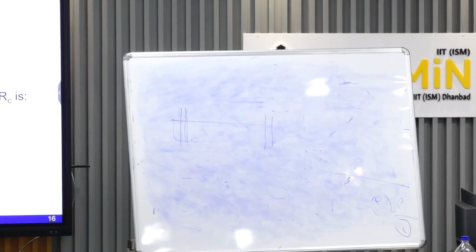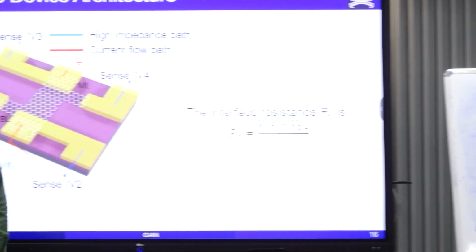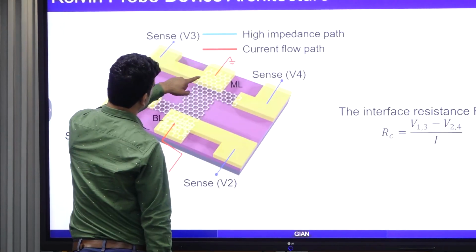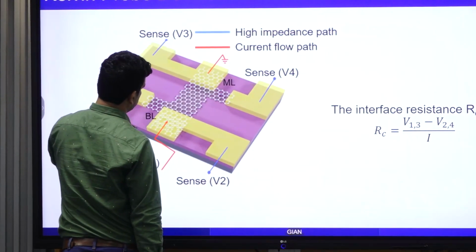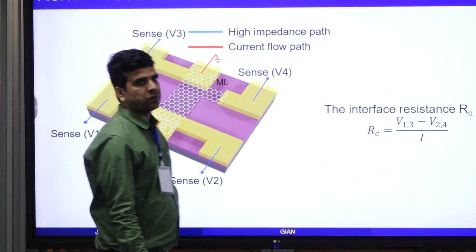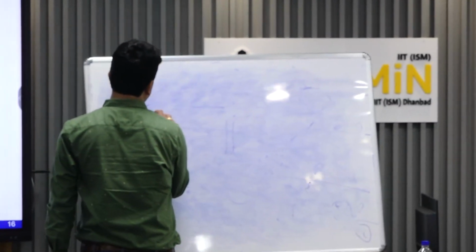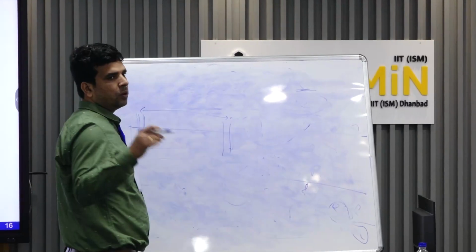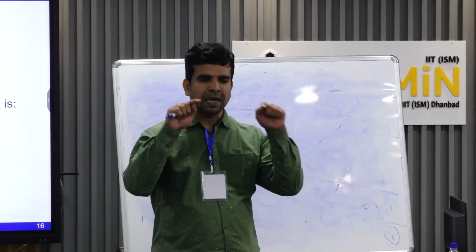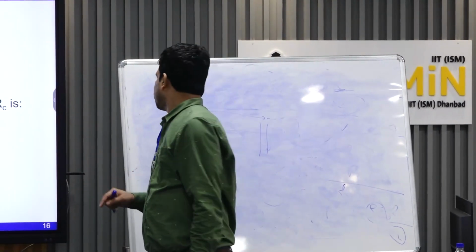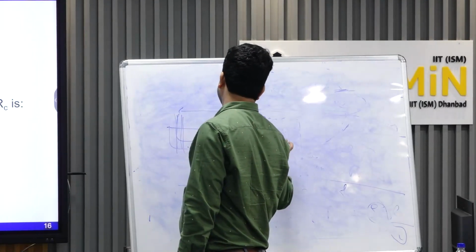One pad we have put here, another pad here. Through these two pads, we force a certain current or certain voltage, so that current flows through this line.